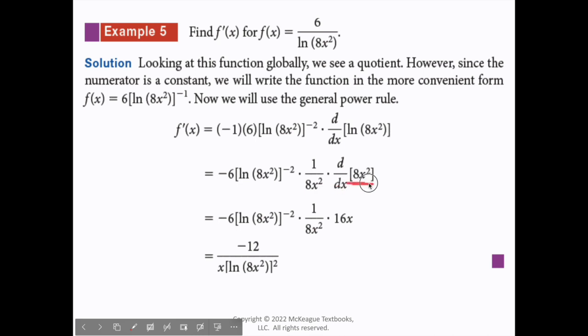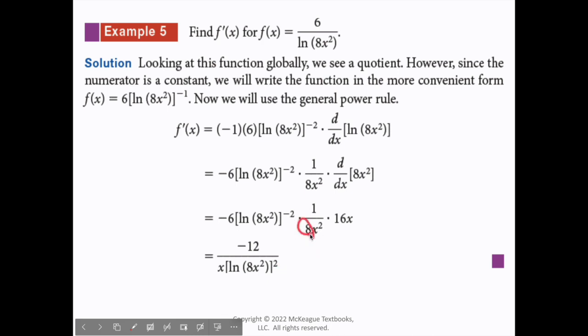So now I have to take the derivative of the 8x squared, which gives me 16x. Everything else gets brought down. This is our answer unsimplified. When we simplify it, we're going to get -12 over x times natural log of 8x squared quantity squared.